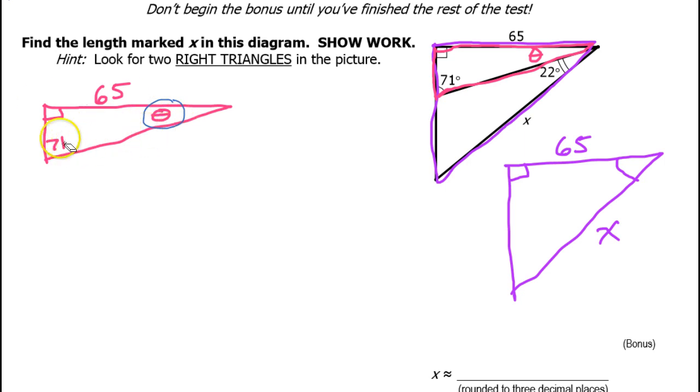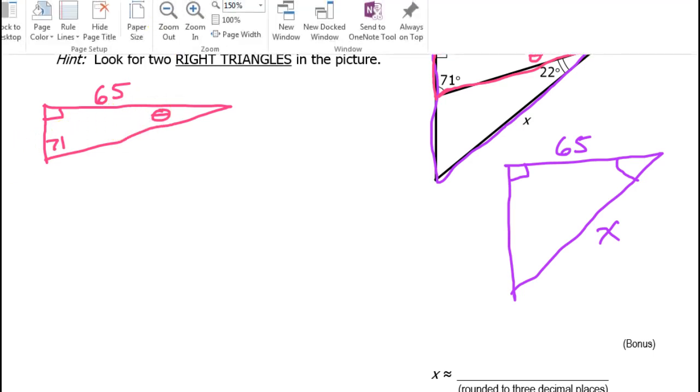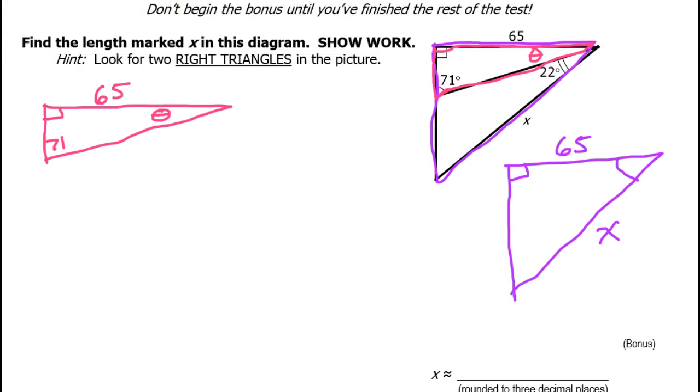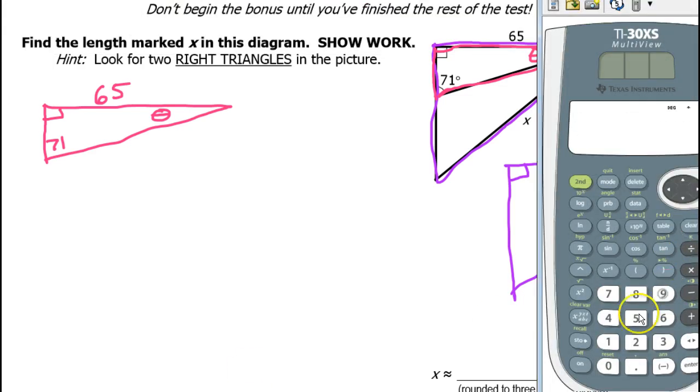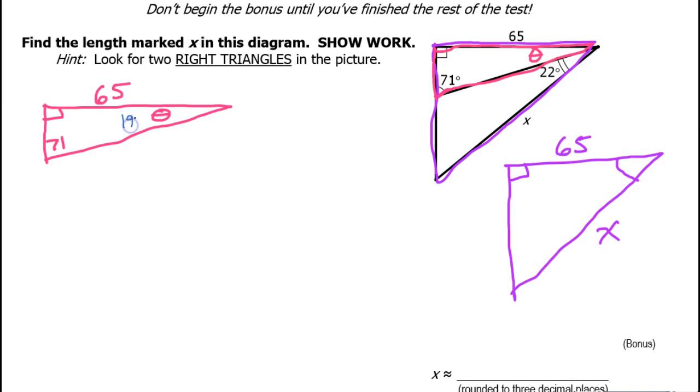I have another angle over here, so I can just subtract from 90. These two angles have to add up to 90. So I'm not going to use anybody's SOHCAHTOA. I'm just going to do 90 minus 71. Okay, so that's 19. So that tells me that this angle right here is 19.